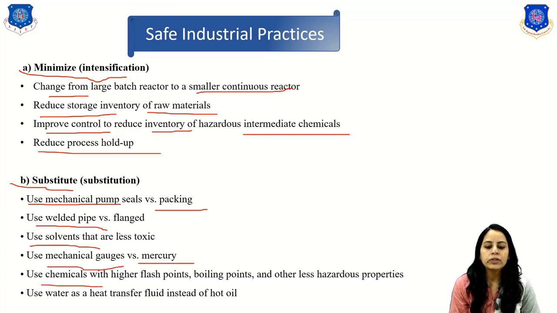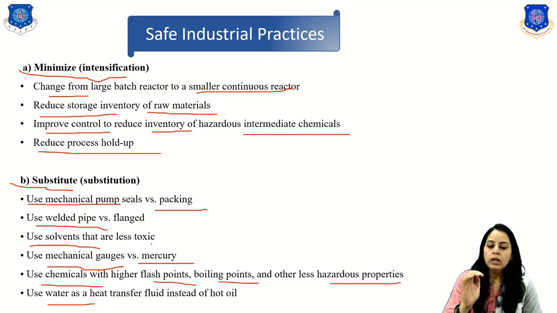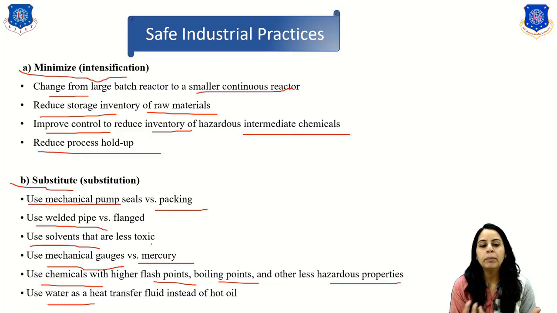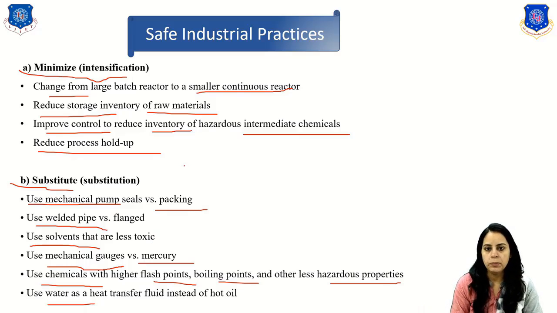Use chemicals with higher flash point, boiling point, and other less hazardous properties. Use water as a heat transfer fluid instead of hot oil. In this second one, you can see that the substitutes are given: mechanical pump seal versus packing, then welded pipe versus flange. So this is a substitute for safety purposes.